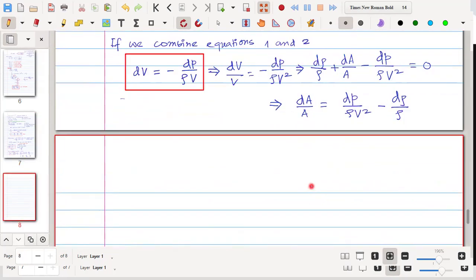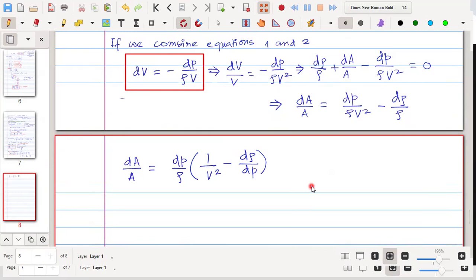Therefore, we can write that dA by A is equal to dP by rho V square minus, this will be d rho by dP, because I have taken this dP out, so it will be d rho by dP.